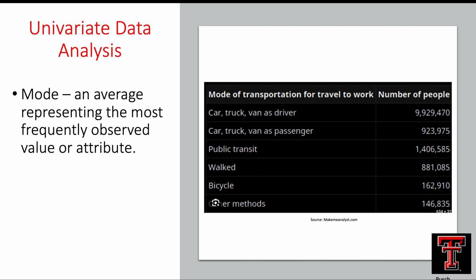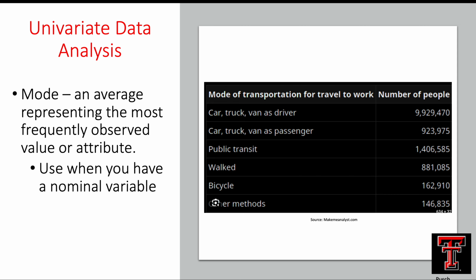Okay, if you have a nominal variable, it's not going to make sense to do the median or the mean. If we want to look at gender, we're looking at male or female, it's not going to make sense to do that, right? We can't say that there's a mean number of 1.6 females, it just doesn't make sense. So instead we use the mode.